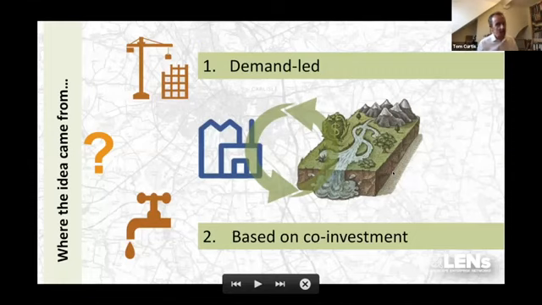Very rapidly, we could spot that Nestlé wasn't the only organisation that was interested in river systems and soils in that landscape. Other organisations are interested in flood risk. Other organisations are interested in the same things in that landscape, the same assets in that landscape, but for different reasons.